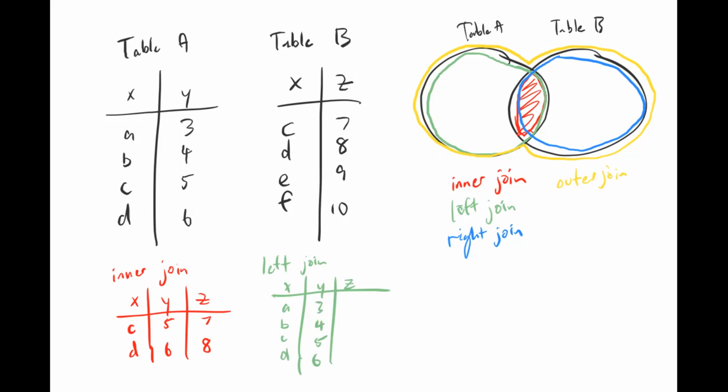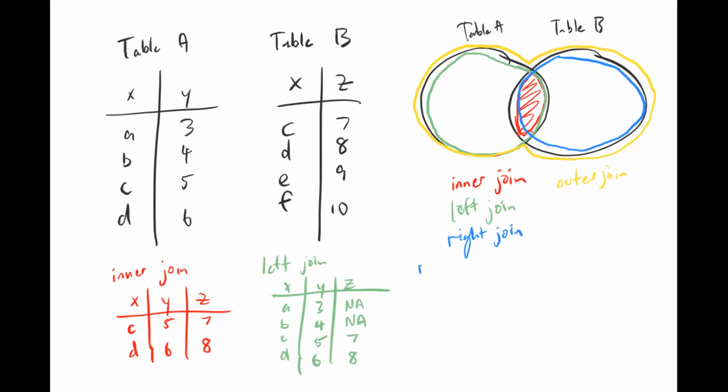Here we'll have a 7 and 8 for the overlapping part, but for my other points it's going to be NA because there are no points that exist in that subset.